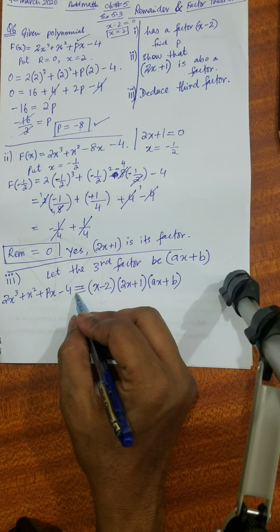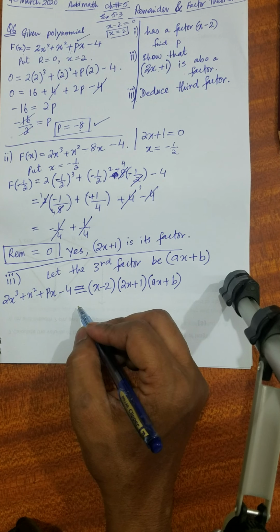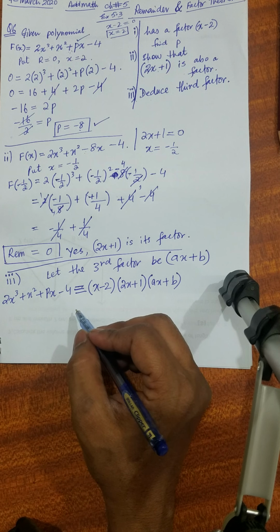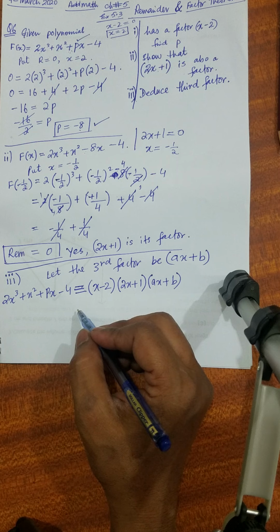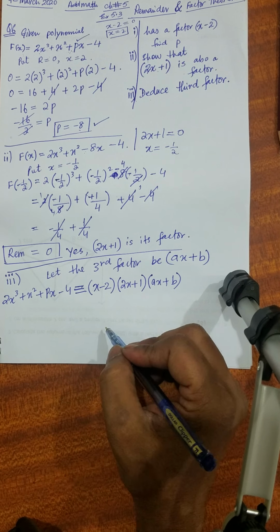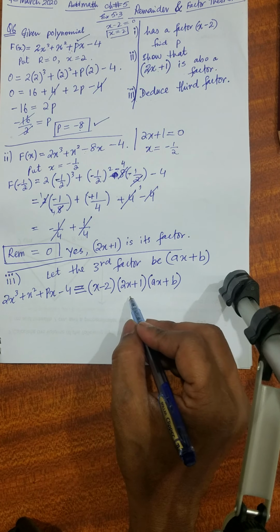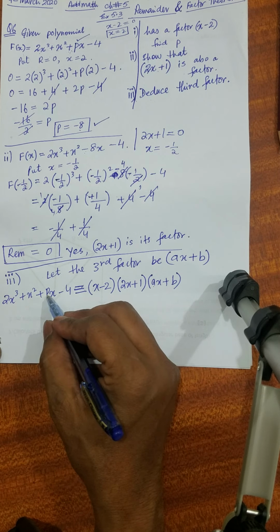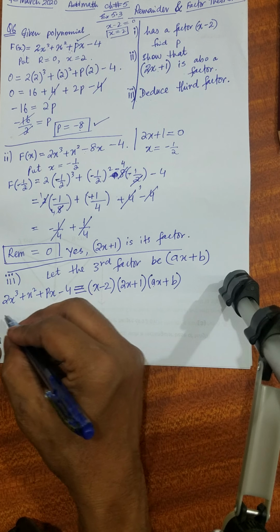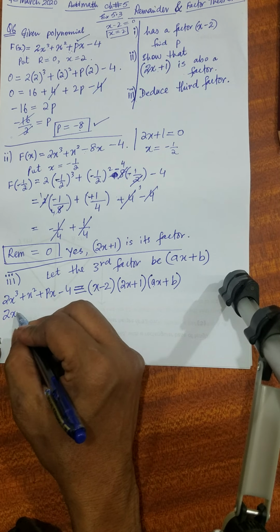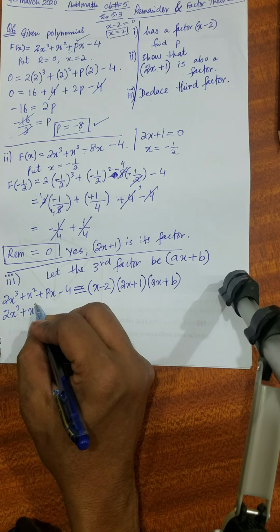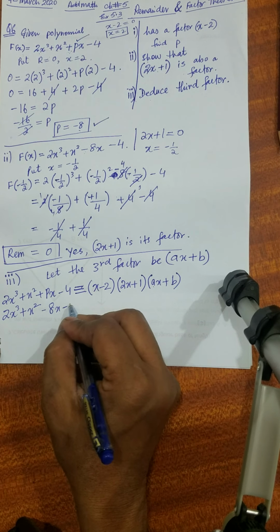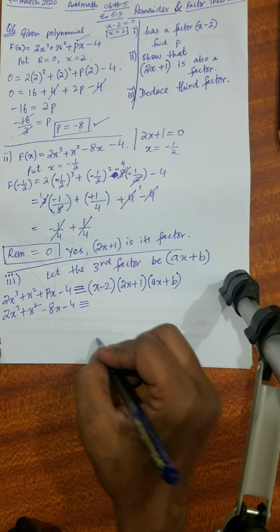Now, just recall the first exercise we did of this chapter, the identities. From the identities given, find out the values of the unknown constant. So this is an identity, and we have unknown constants here as a and b, and we also found the value of p, so we can plug in the value of p also here. So we have 2x cubed plus x square, the value of p we found -8, so -8x -4. This is a sign of identity.